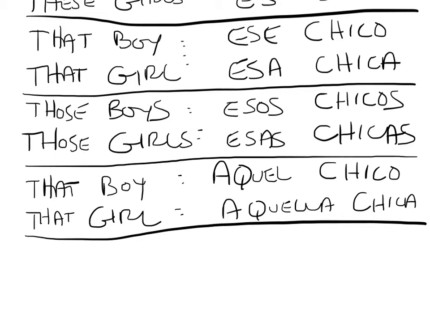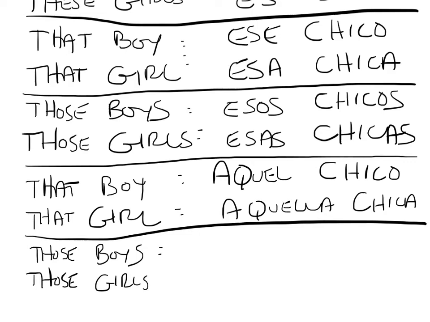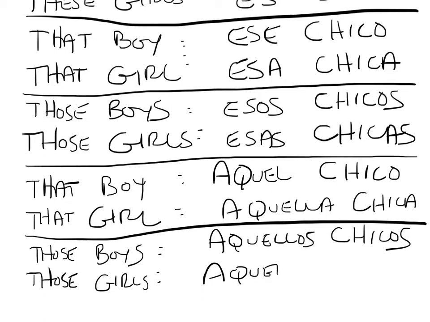And for those boys or those girls that are way over there, that are very far away, we would say aquellos chicos or aquellas chicas. Now remember what I said is that all of these are adjectives. They're demonstrative adjectives. So they have to match in gender and in number. That's the important thing to remember there.